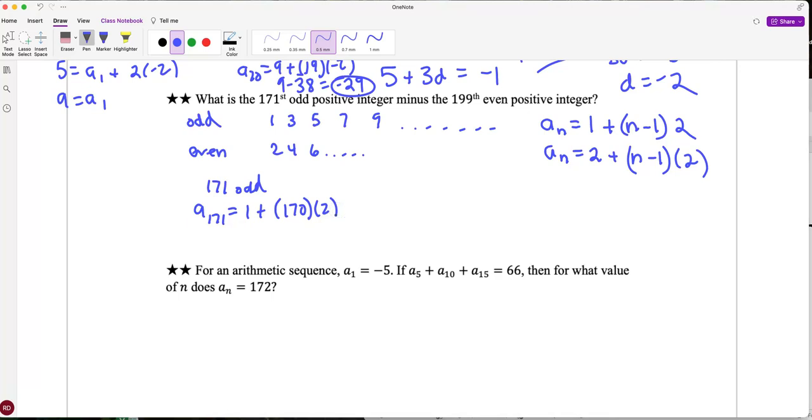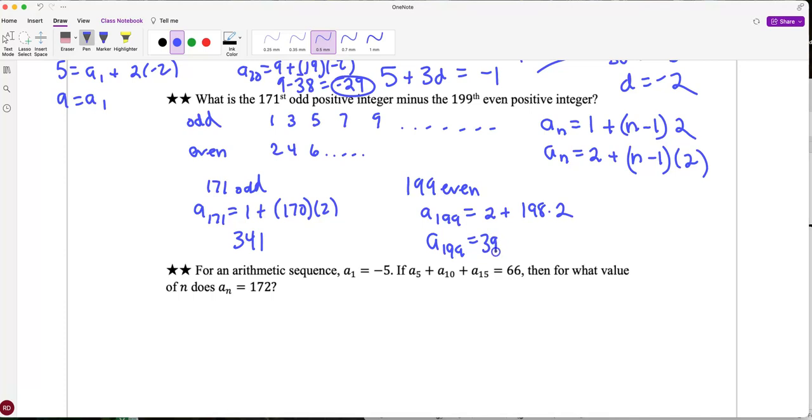So that's going to be 341. The 199th even, A199, is equal to 2 plus 198 times 2. So that's 398.